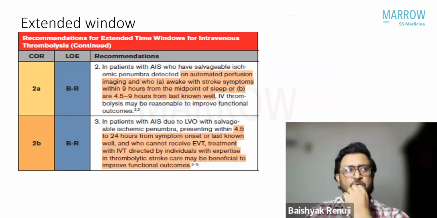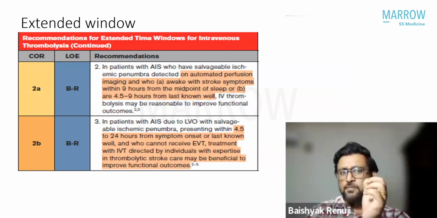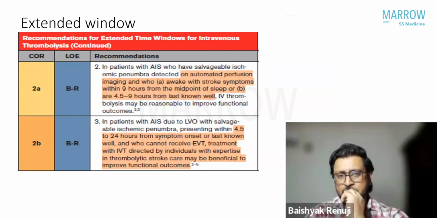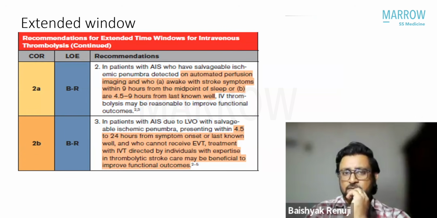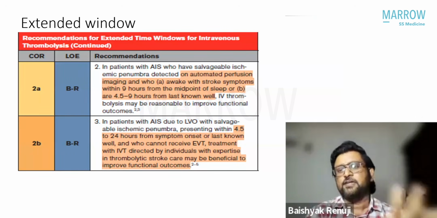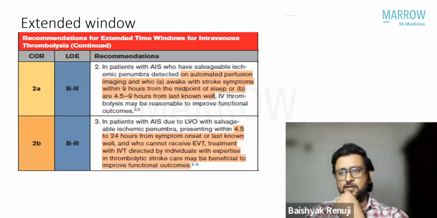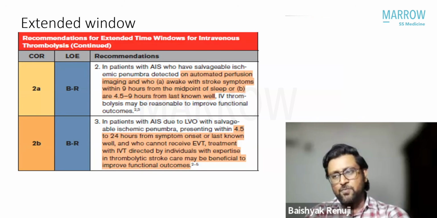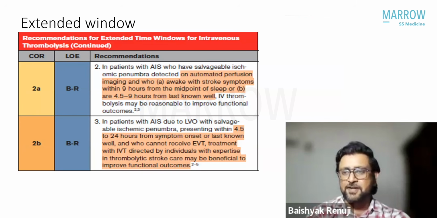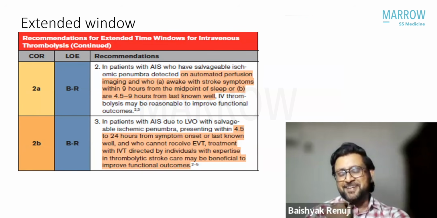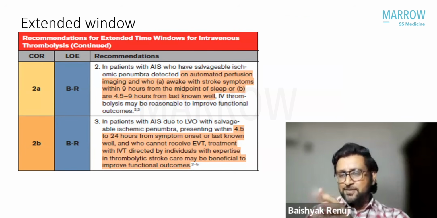Suppose a patient has not a wake up stroke, but came outside the window, like 5 hours, and you still see a diffusion FLAIR mismatch, but the guidelines tell you cannot lyse that. That is because there have been no detailed studies on that. Studies were done on wake up stroke only. Whether you can apply it to a normal stroke is a difficult scenario to explain, because theoretically it should be fine, but practically they are not giving any proper guidelines on that.